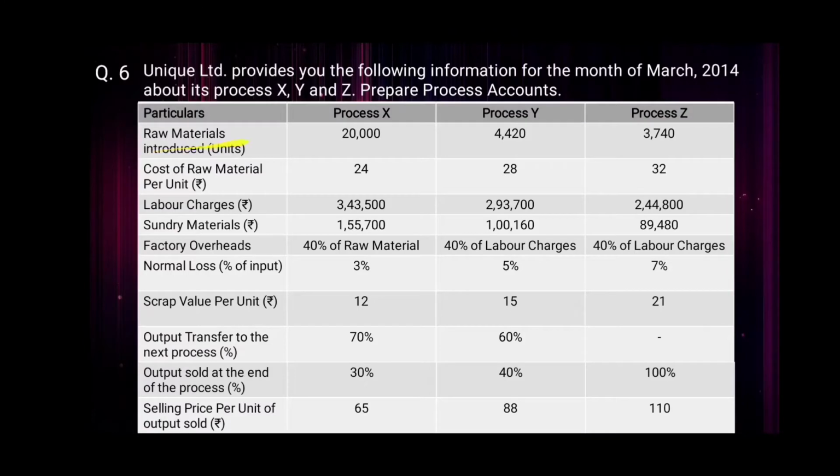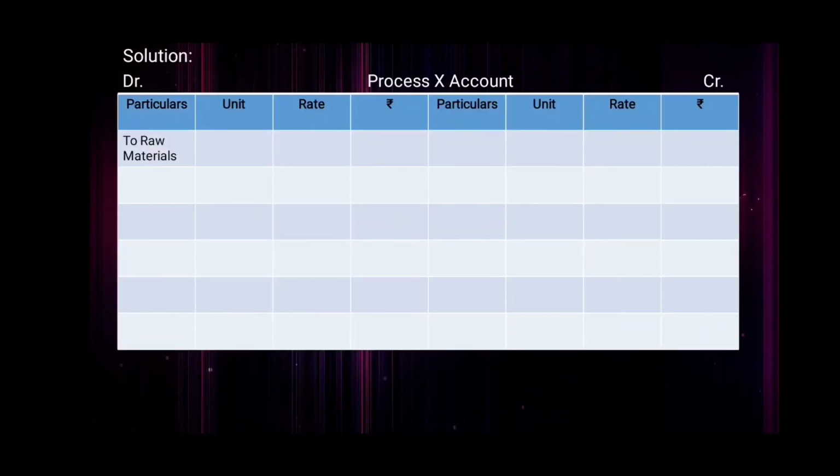So raw material introduced in units for process X is given as 20,000 and the cost of raw material per unit is given as 24. To raw material 20,000 units at the rate of rupees 24.